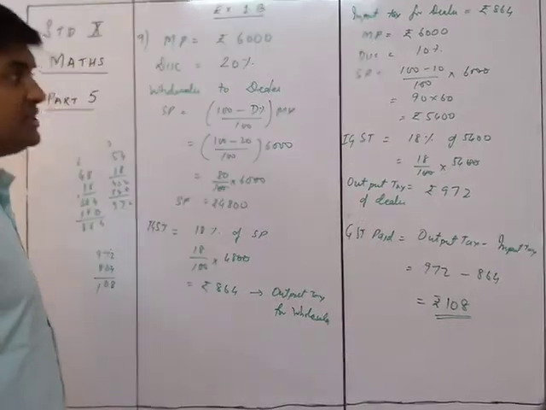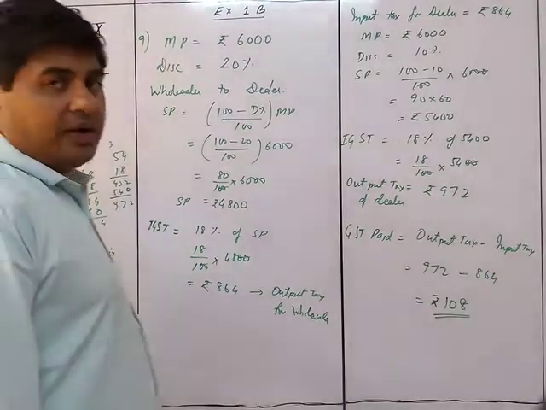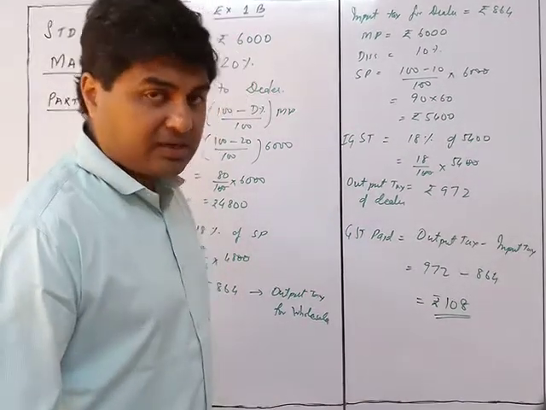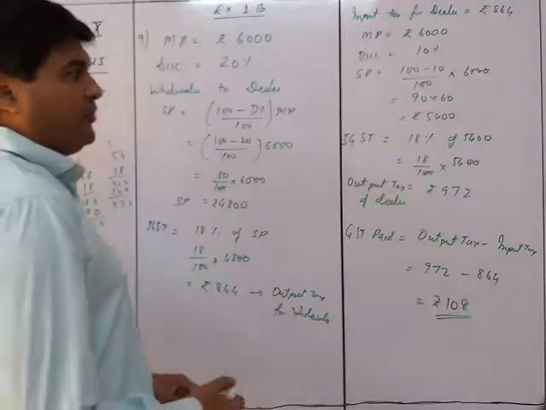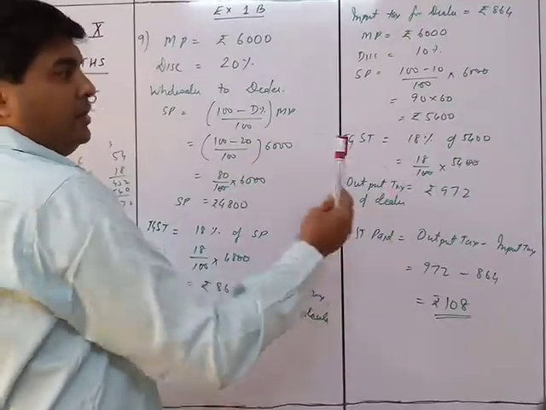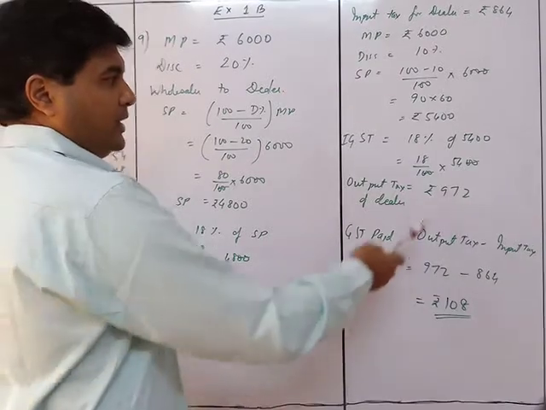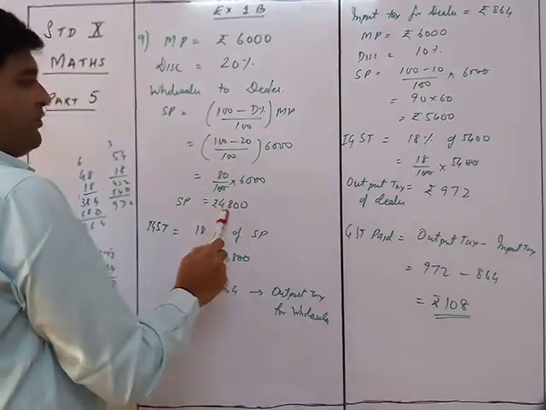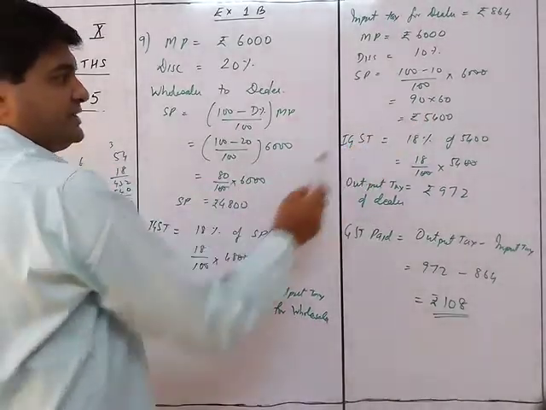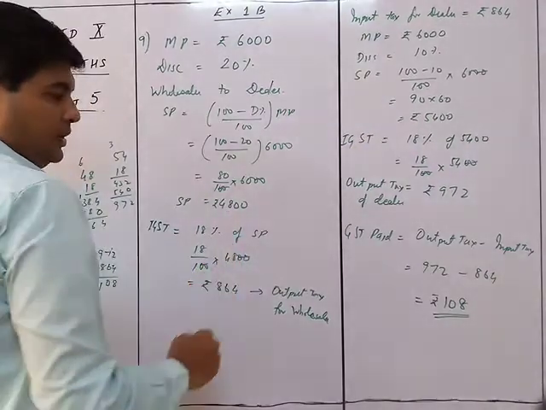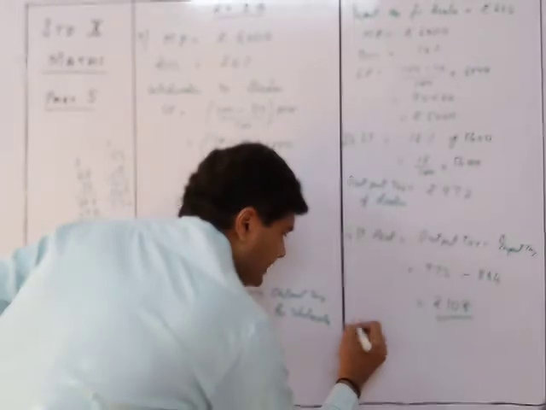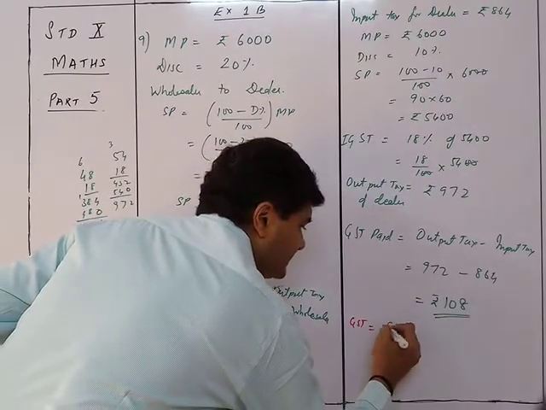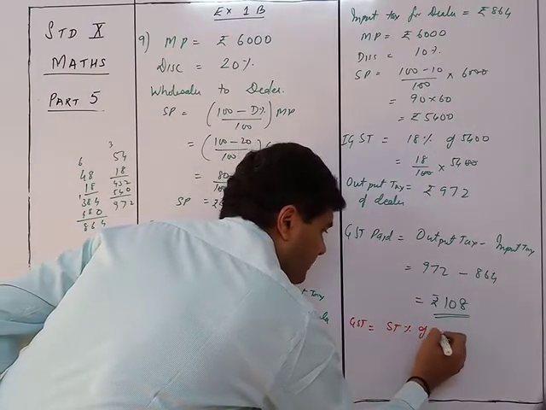You can also calculate this by another method: find out the profit, because the rate of GST is the same. What is the profit here? He sold it at 5,400, which he bought for 4,800. So the profit here is 600 rupees. GST is equal to 18% of profit.